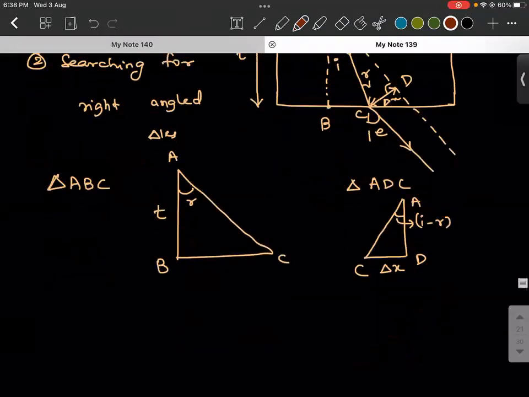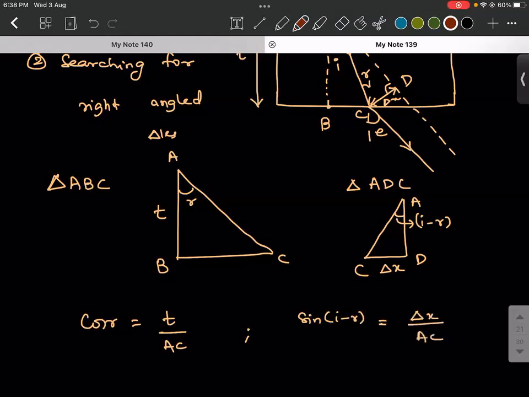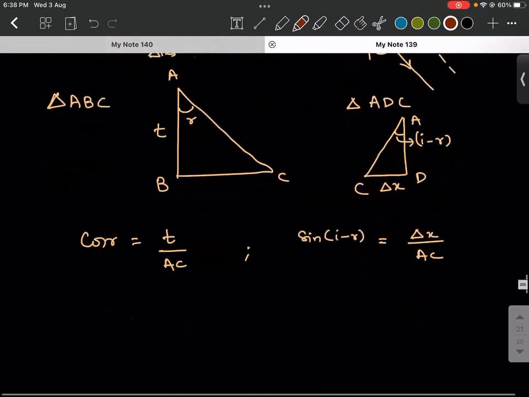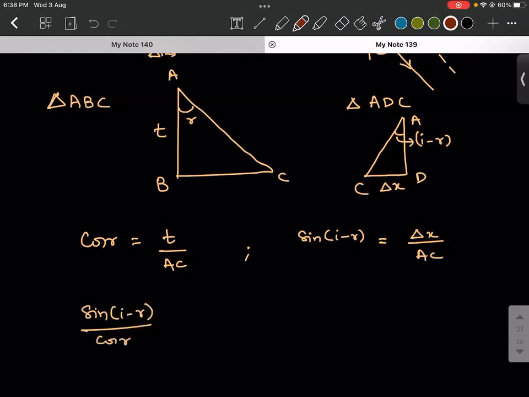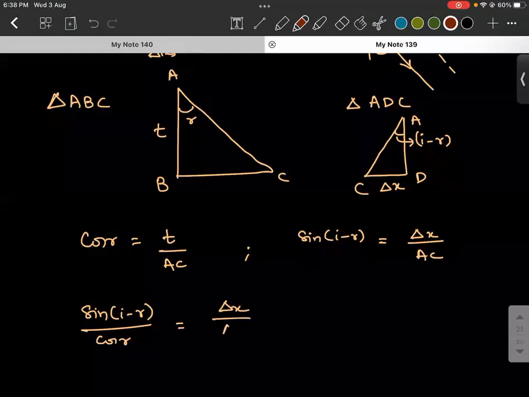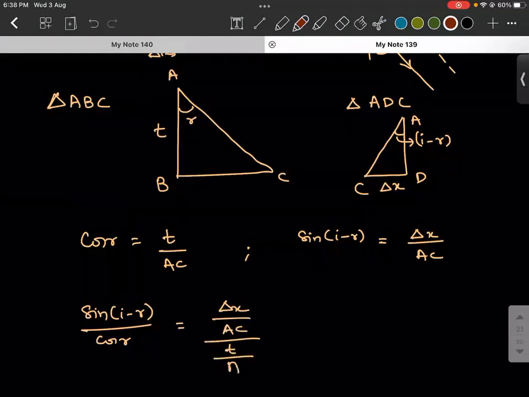Now from this, cos R will be equal to T divided by AC. Similarly, in the other triangle, sine of I minus R will be delta X divided by AC, right? So I can do an operation of sine of I minus R divided by cos R equals delta X divided by AC divided by T divided by AC.